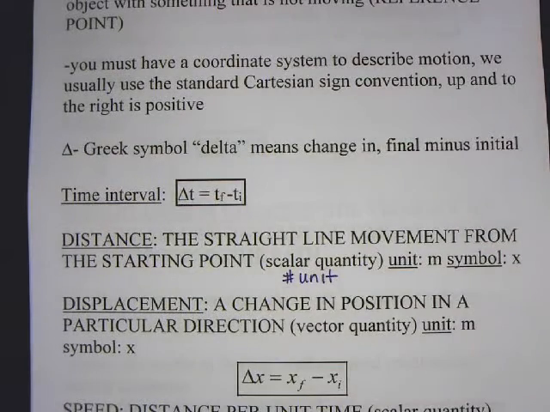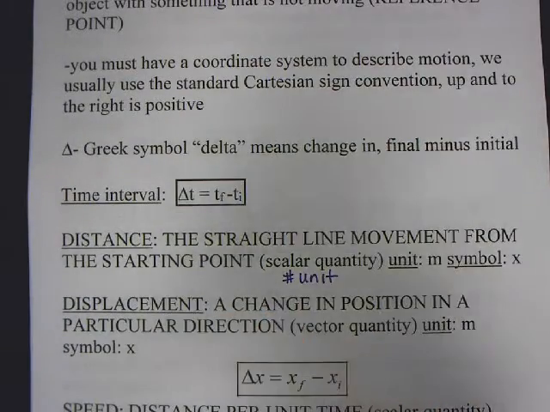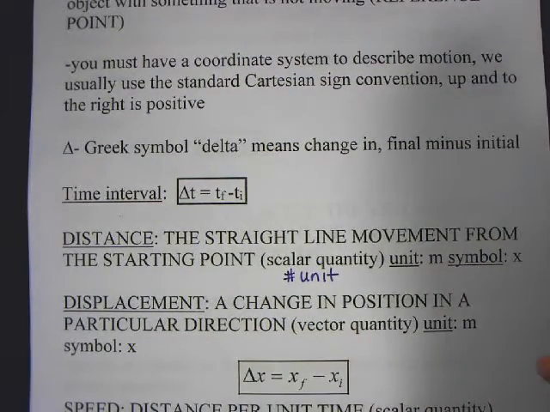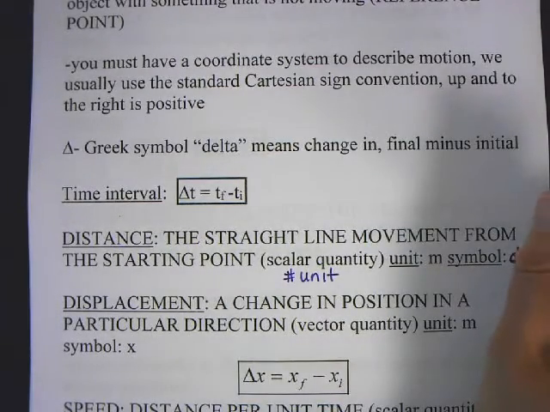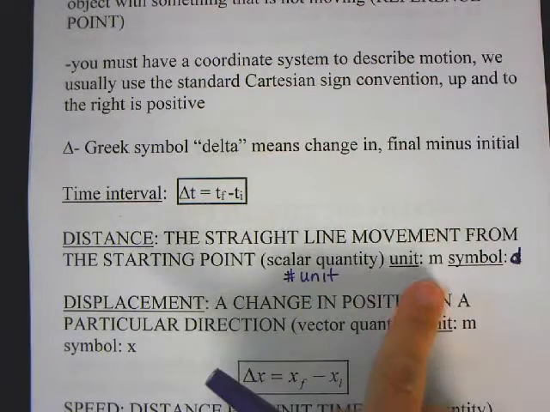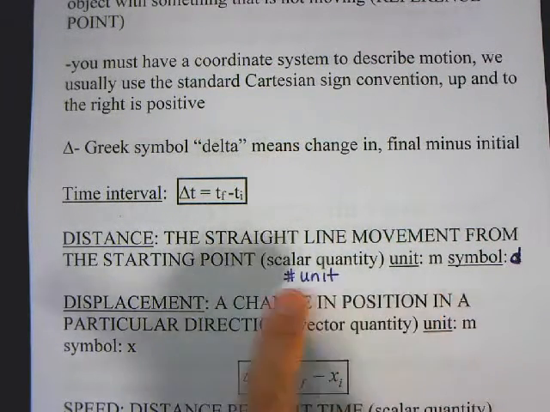That's what scalar quantity means, number and unit. So distance, we'll call this d instead of x, and the unit for it is meters, because we use meters in the metric system, and it's just a number and a unit.